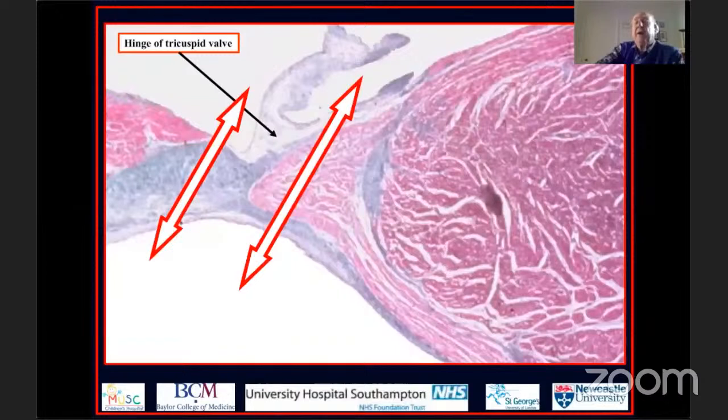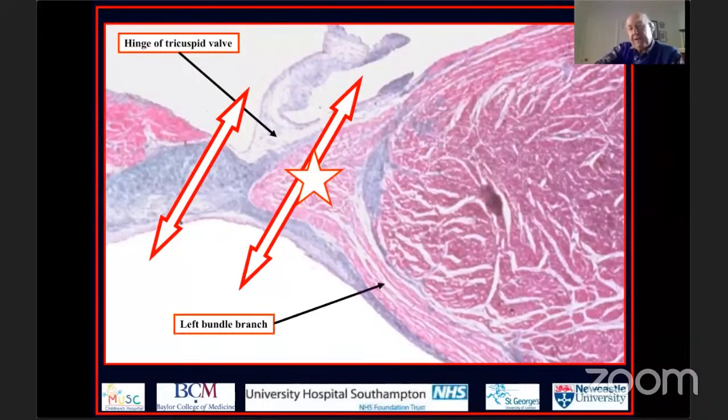And you'll see that in this particular heart, the interventricular part of the membranous septum is occupied by the branching atrioventricular conduction axis. There it is, sandwiched between the atrioventricular part of the septum and the crest of the muscular septum, and descending down the left ventricular septal surface, we have the left bundle branch.